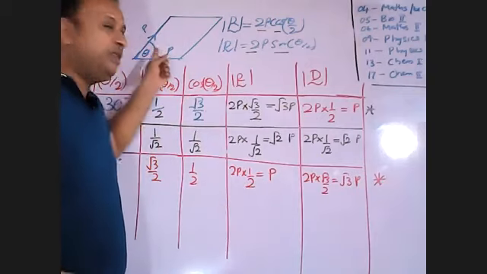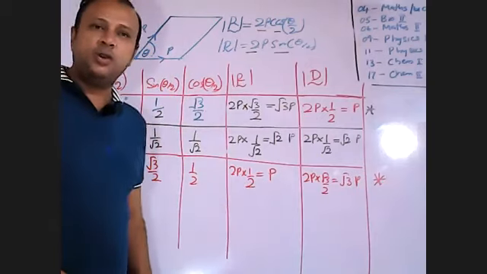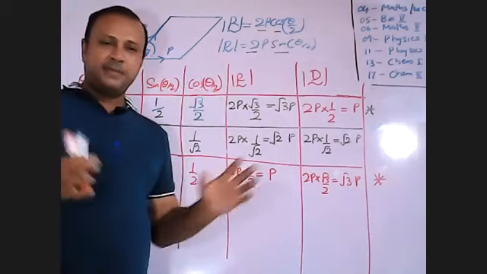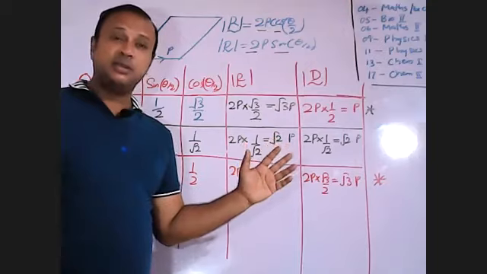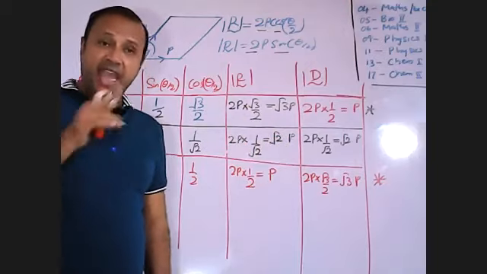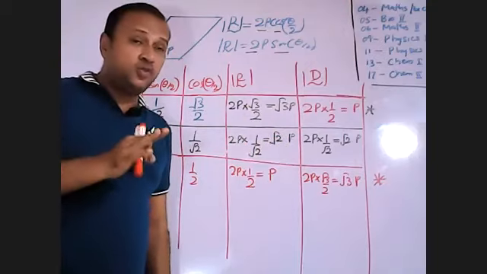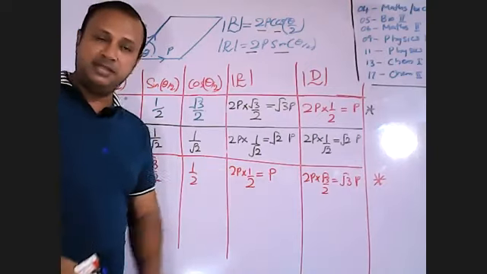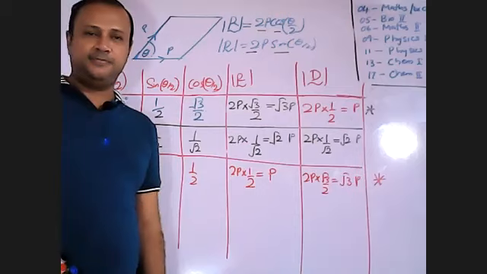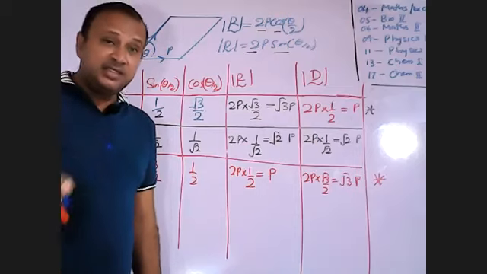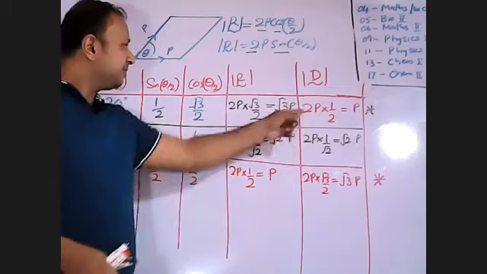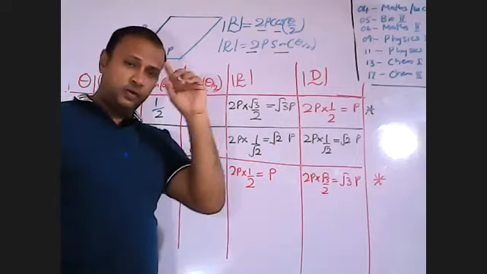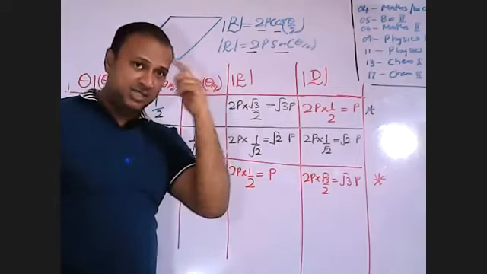The angle between them should be equal to 120. Therefore, if there are two equal vectors acting at the same point and their resultant is equal to the magnitude of one vector, theta should be 120. If the difference is equal to one vector, the angle should be 60. 60 and 120. Remember those angles.